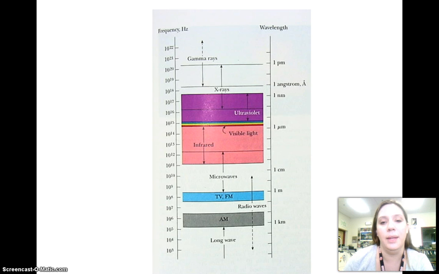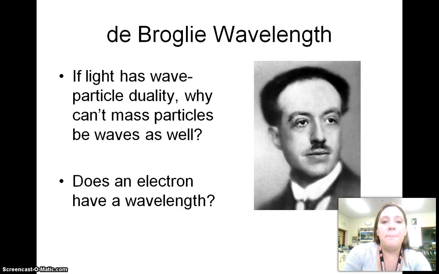Okay, so de Broglie in the 1920s had the idea that if light, which we thought was mainly a wave, also had particle properties, why can't mass particles that we usually think of as particles, like an electron or a proton, behave as waves, okay?